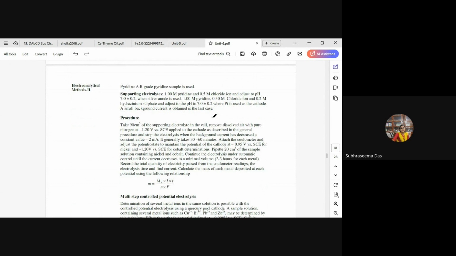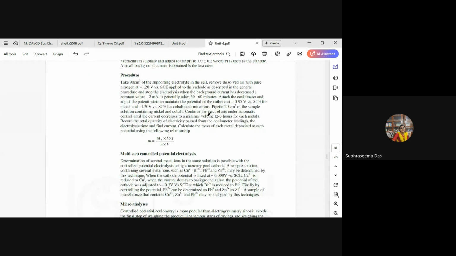The supporting electrolytes are 1 molar pyridine and 0.5 molar chloride ion, and the pH is adjusted to 7 when a silver anode is used. With a platinum electrode, we take 1 molar pyridine, 0.3 molar chloride ion and 0.2 molar hydrazinium sulfate, and the pH is adjusted to 2.